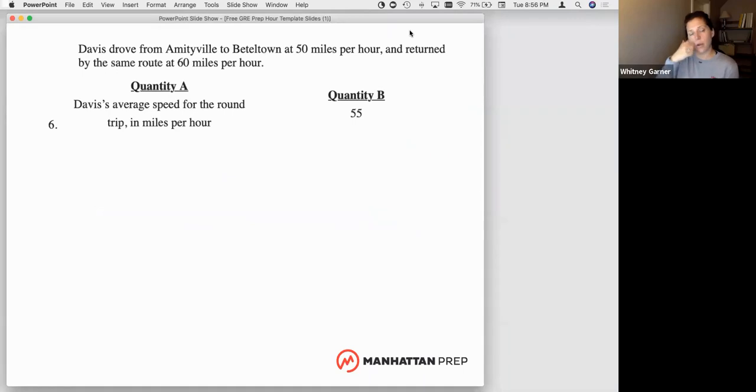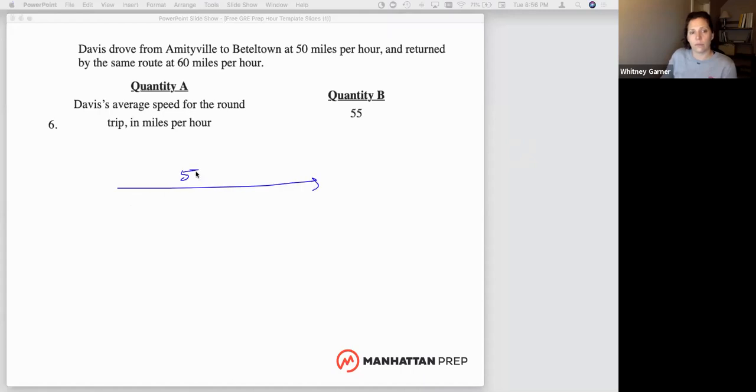So in this scenario, we've got Davis driving in one direction at 50 miles an hour and coming back at 60 miles per hour. And we want the average speed. So there'd be this thought that like, well, if it's 50 there and 60 back, the average speed is obviously 55.